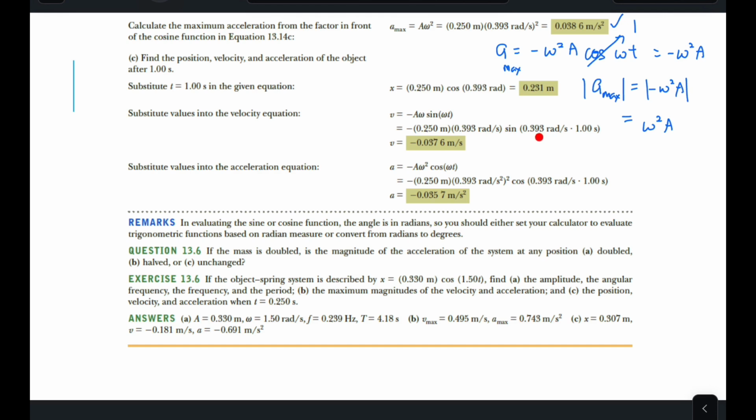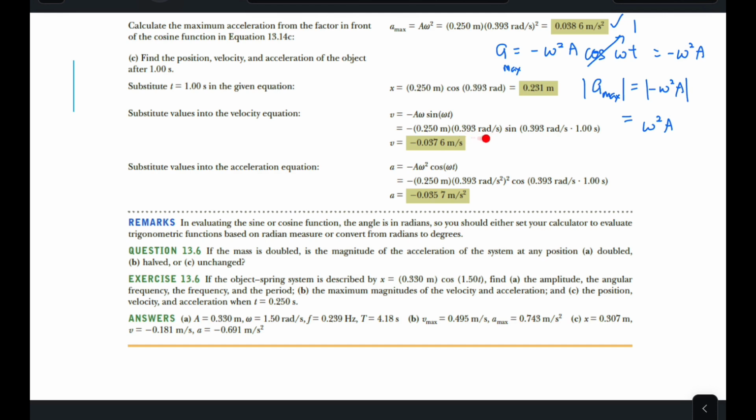The unit of our omega is radian per second times second, so your theta here is in terms of radian, right? Therefore, you need to change the mode of your calculator into radian mode. Otherwise, you have another option. You convert this value into degrees first.